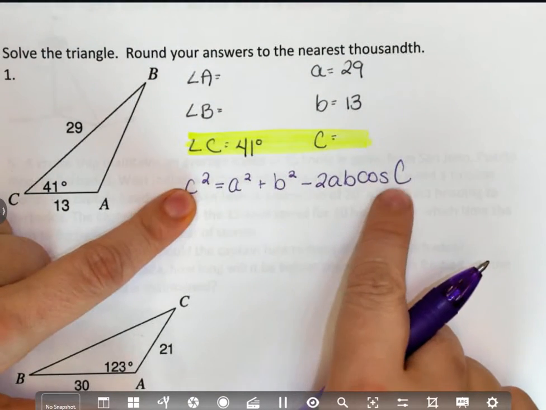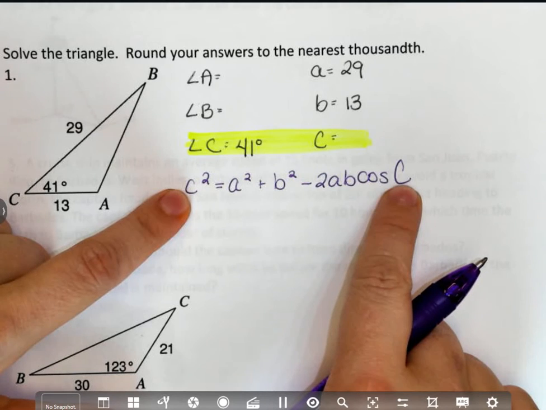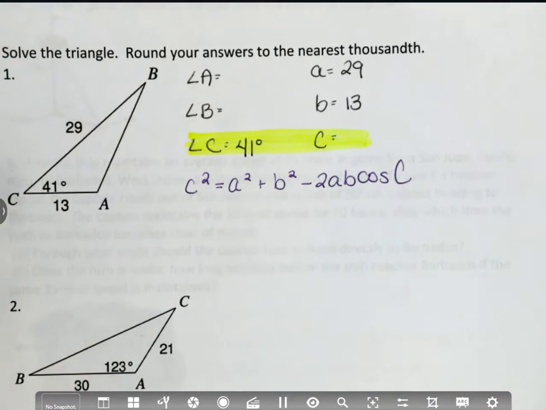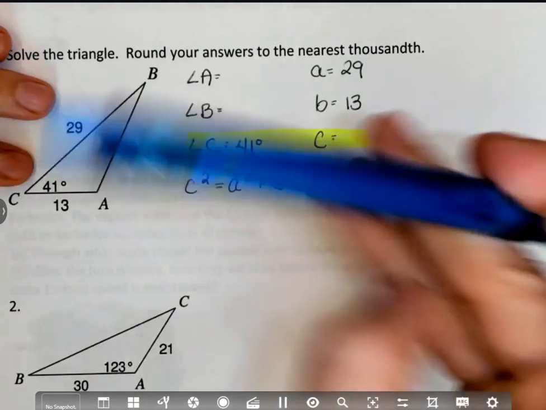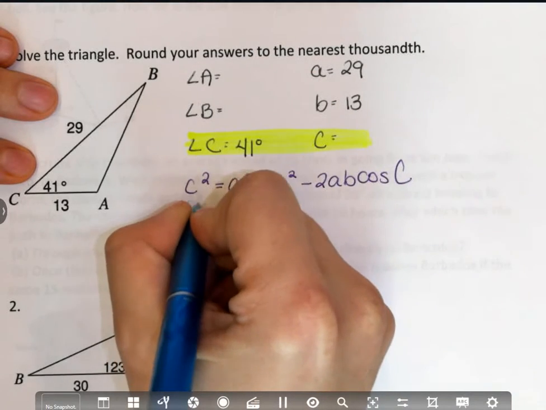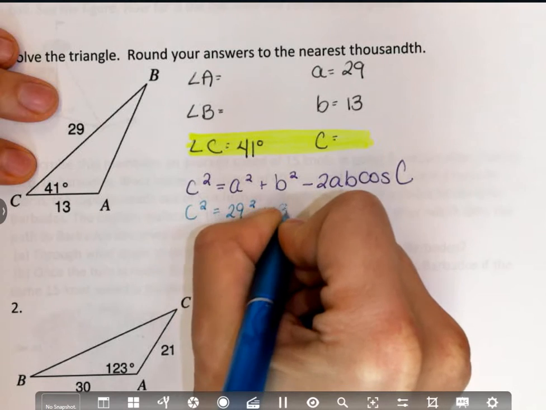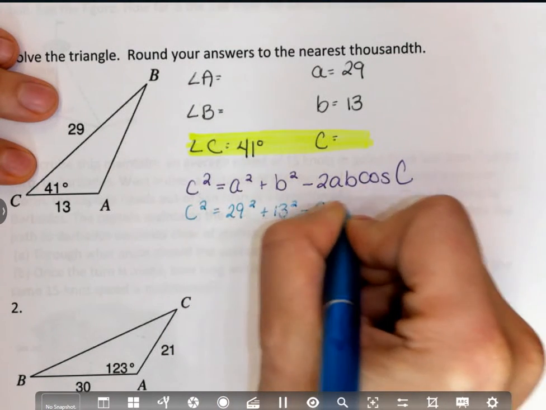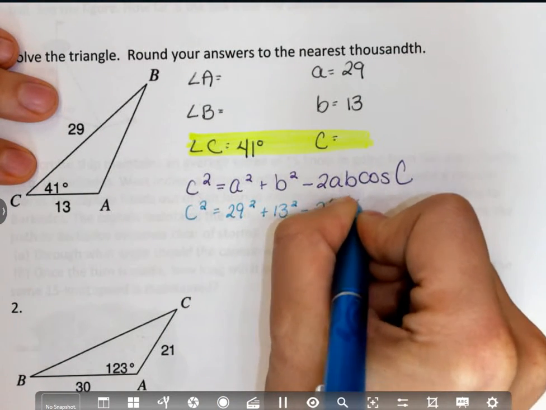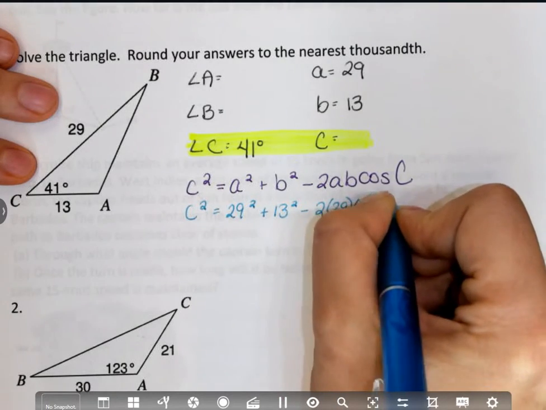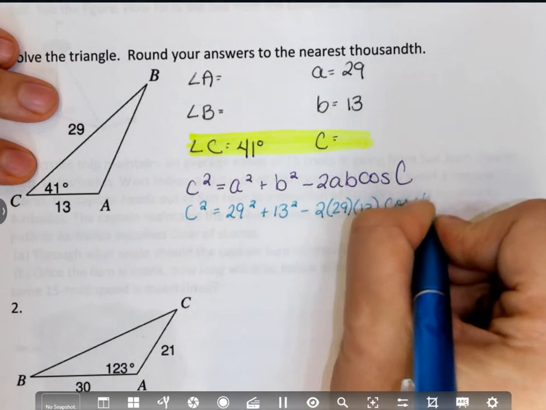Again, as long as those match, you should be on the right page. And that's just a matter of plugging stuff in. So I'm going to have C squared is 29 squared plus 13 squared minus 2 times 29 times 13 times the cosine of 41.